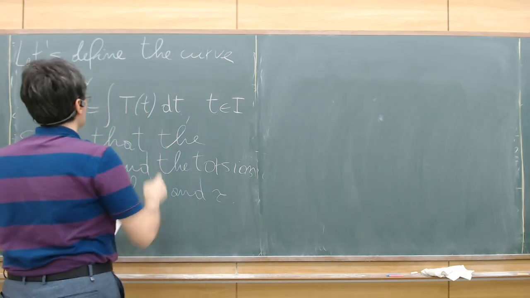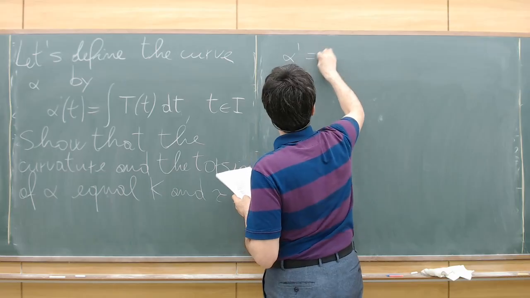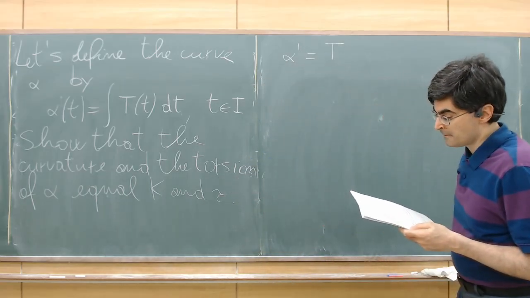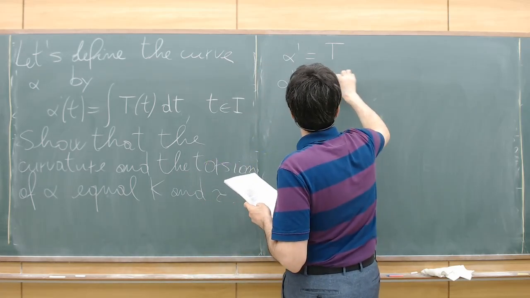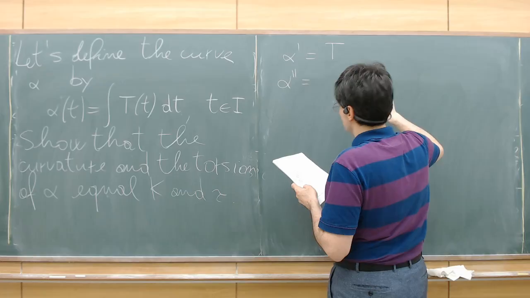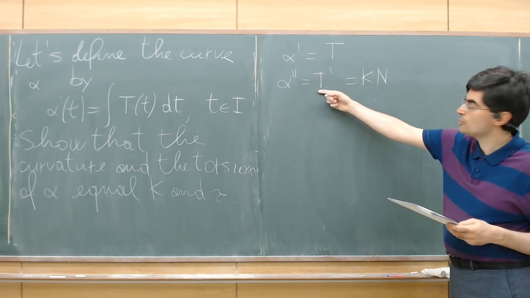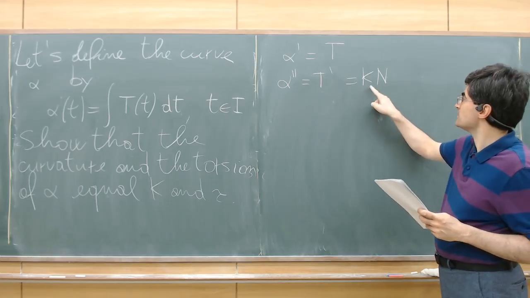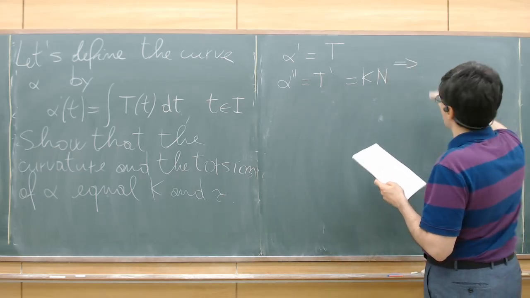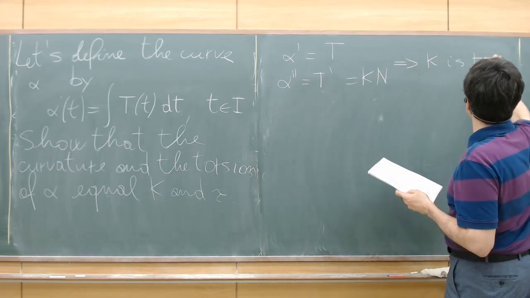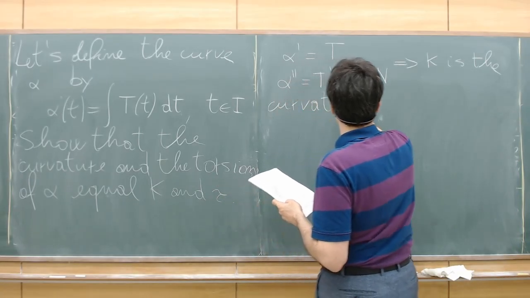Okay, so from the definition, it is clear that alpha prime is equal to T. It is also clear that alpha second is equal to k N. Why? Because alpha second is T prime, and we can use the differential equation to prove that this is kN. So this implies k is the curvature of alpha.